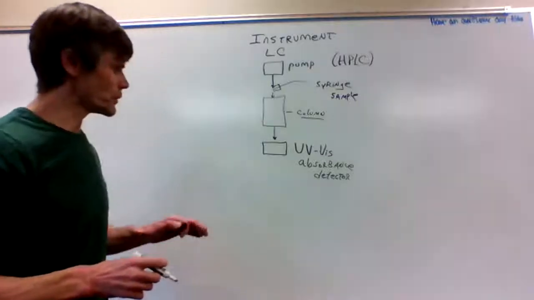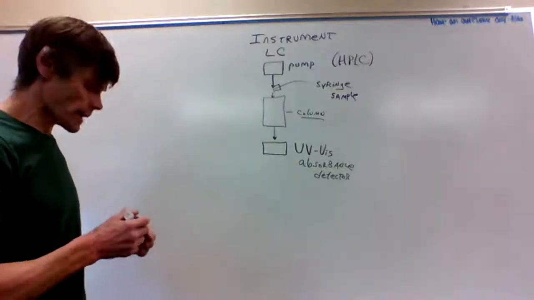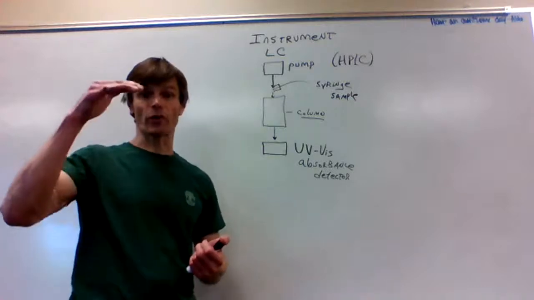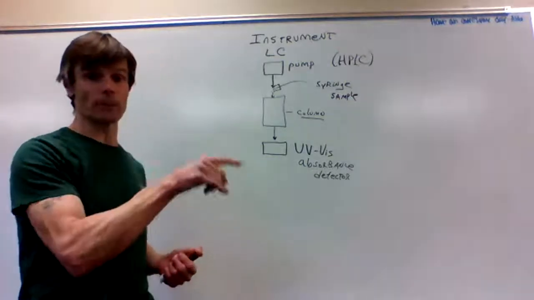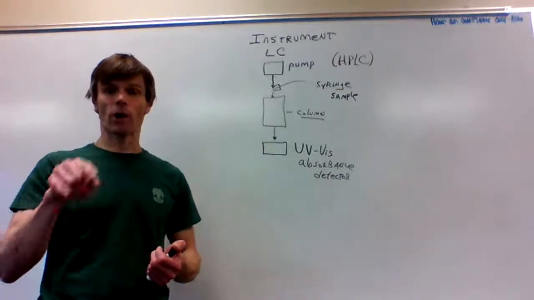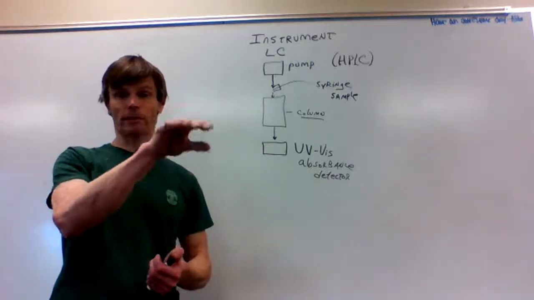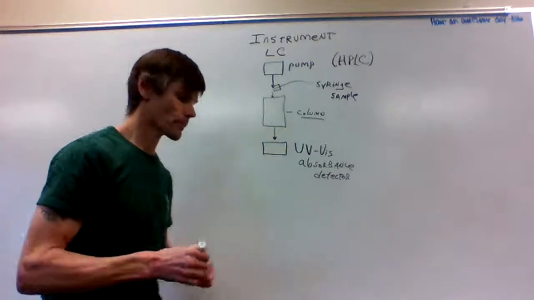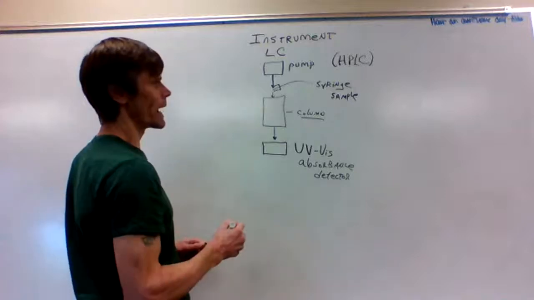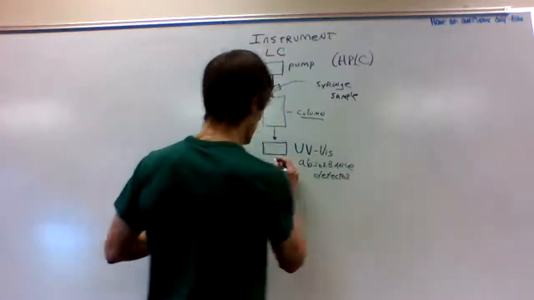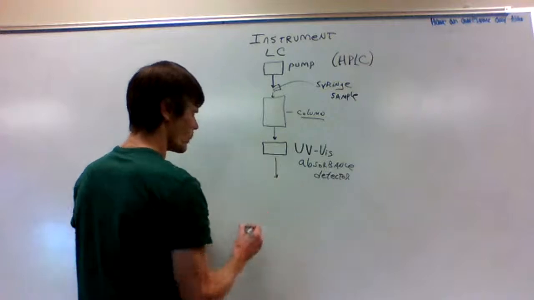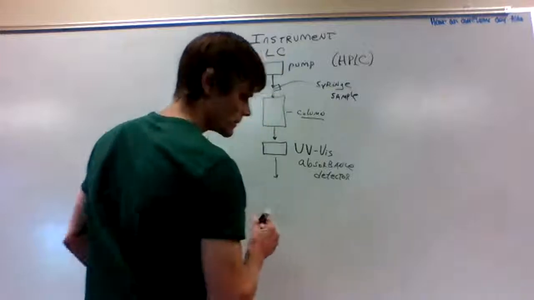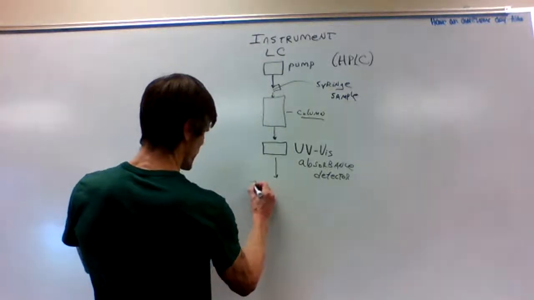Now, what the UV vis absorbance detector does is it generates data that gives us a response of our analyte in terms of its absorption spectra over time, as our different components start to elute from the column. And this creates a graph. The graph that we collect here at the very end, when we compile our data, is known as a chromatogram. So this is the general feature of a chromatogram.